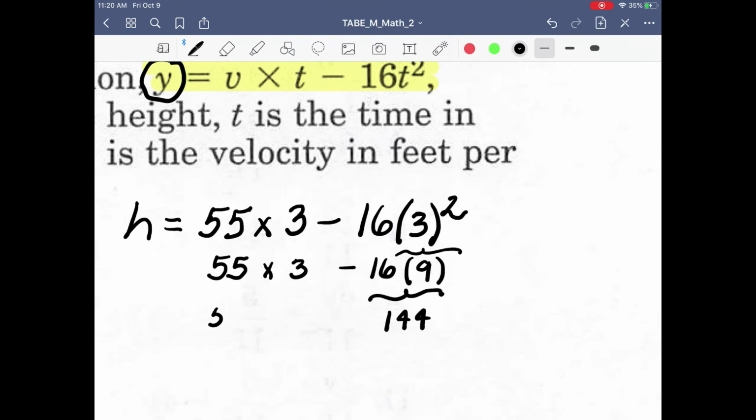And then let's go ahead and get this 55 times 3 because that is also multiplying. 165 minus 144. So the height of the cannonball is actually 21 feet because we're dealing with feet per second.